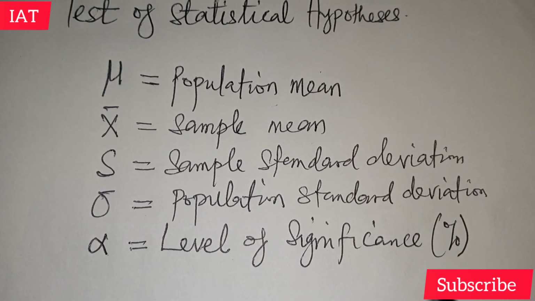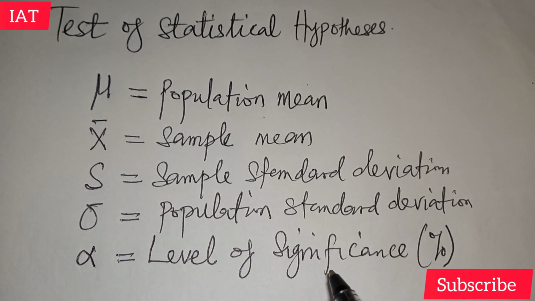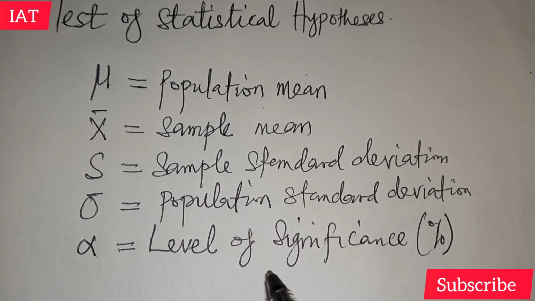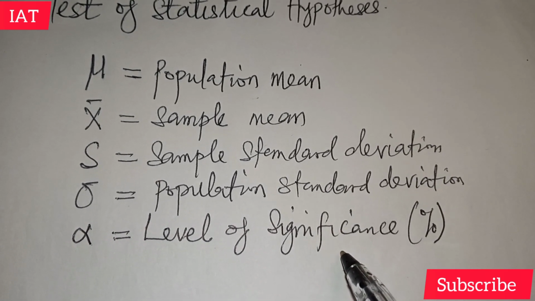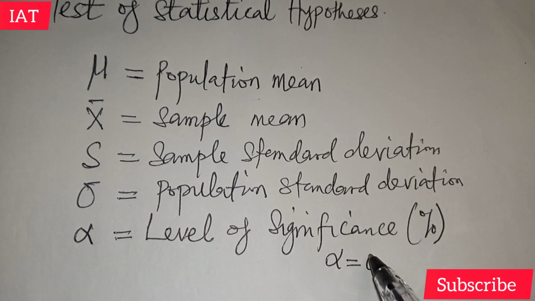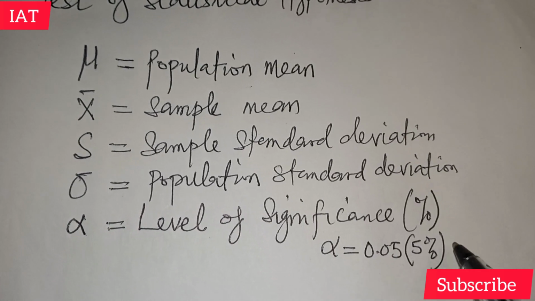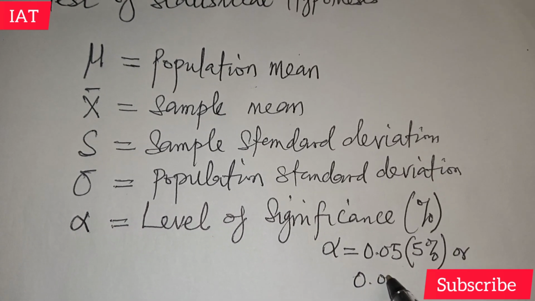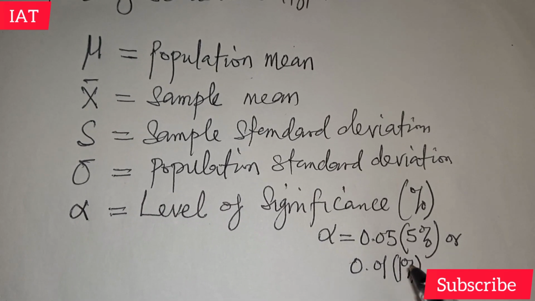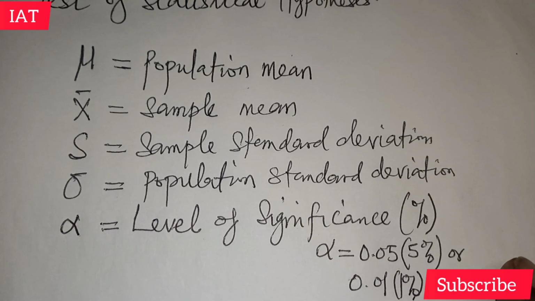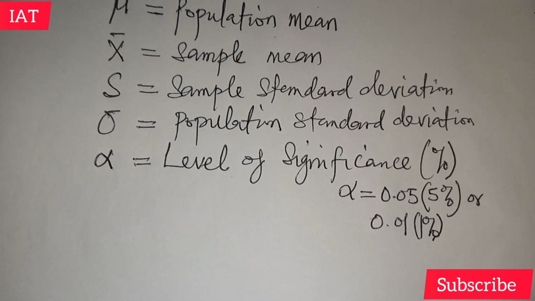When the time comes, I will explain why in most cases, but just know that customarily we usually take values for this alpha to be 0.05, which represents 5%, or we use 0.01, which represents 1%. That doesn't mean this is the only option. They can also decide to use any other value for this level of significance.